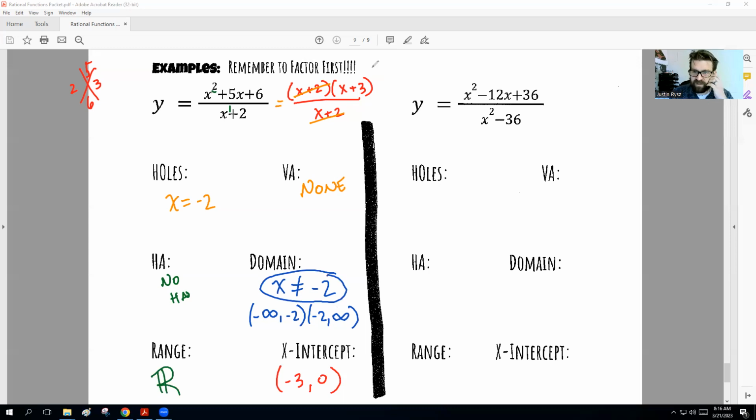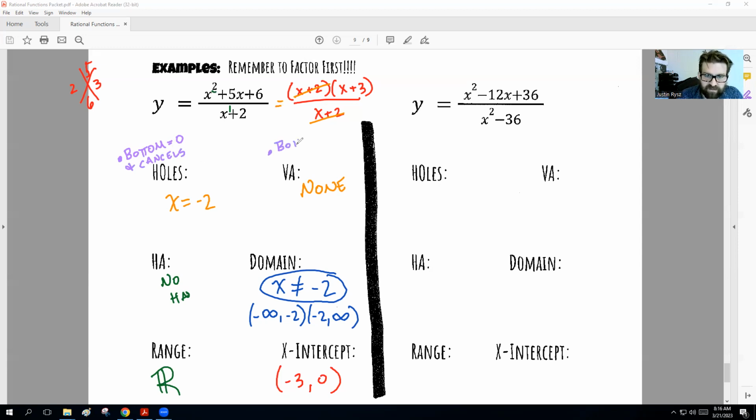So just to kind of go through, let's maybe add some notes here. All right, our holes: bottom equals 0 and cancels. So we set the bottom equal to 0. If it cancels out from the top, that's a hole.